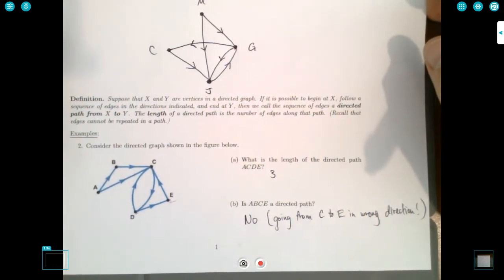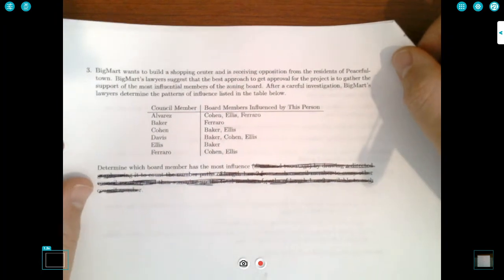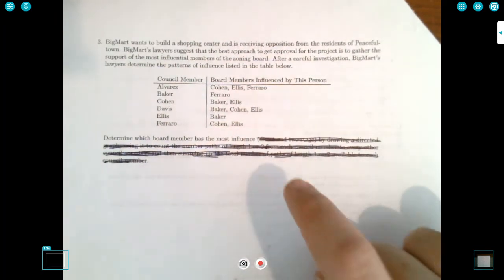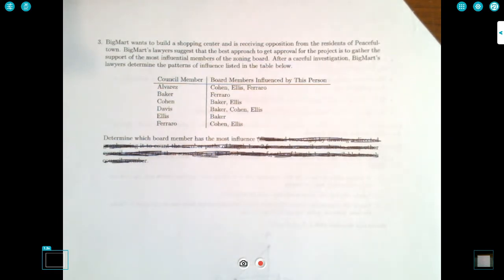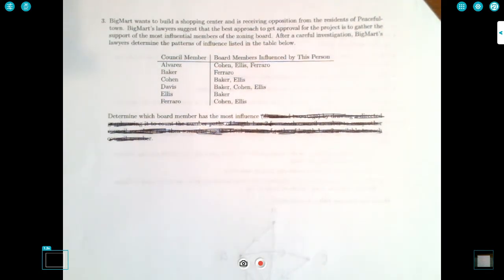Okay, that's that. So now let me give you a couple of examples of how this idea can be applied. And by the way, I've already fixed this in your notes. I just deleted some of the instructions because I think they were unnecessary and maybe a little bit confusing. So this says, Big Mart wants to build a shopping center and is receiving opposition from the residents of Peaceful Town.